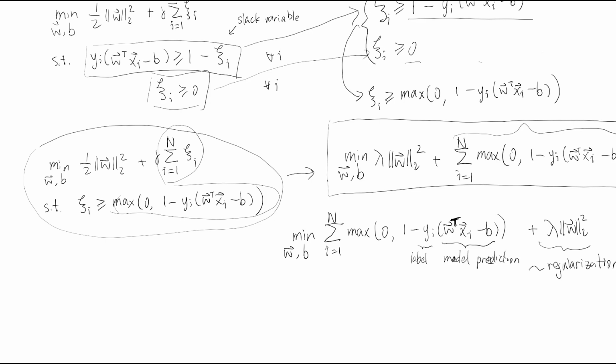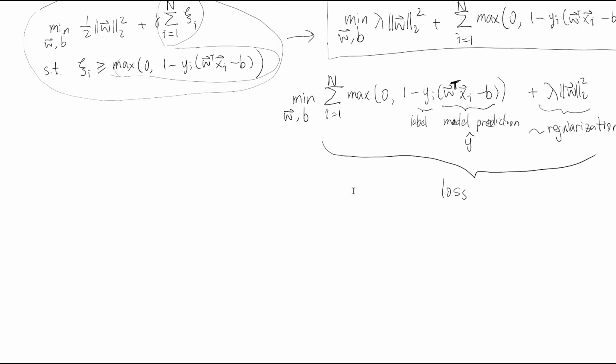We would usually call that y hat. So a more general version of this is actually, and sorry, this entire thing is then the loss function. The form of loss function looks like this.